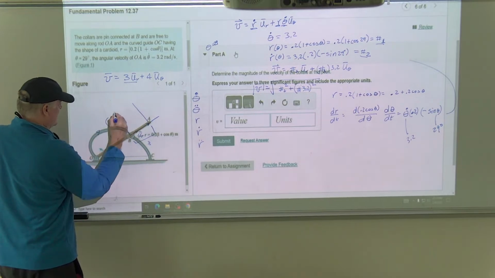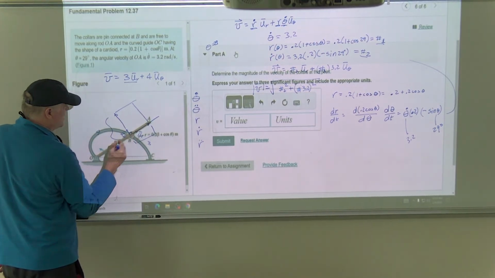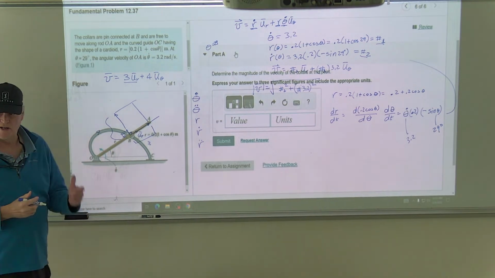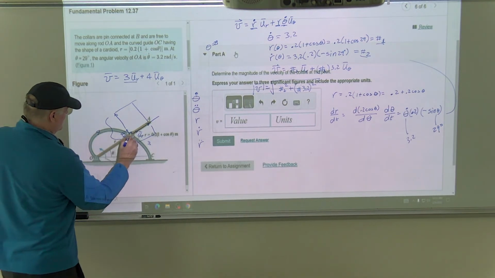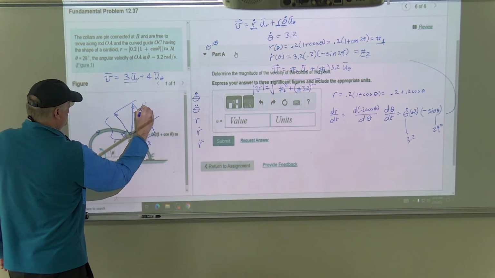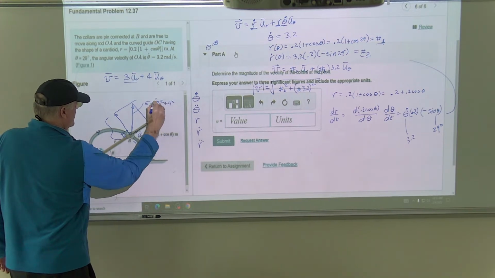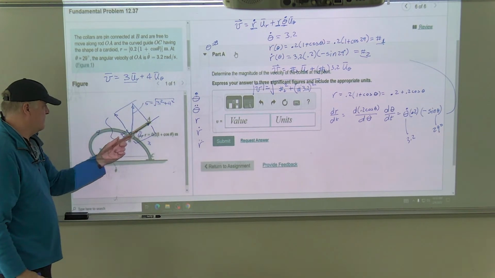The fact that these two are orthogonal, meaning 90 degrees, means that the vector here happens to be 5, which is the square root of 3 squared plus 4 squared. So I just made it 3, 4, 5 easy for myself.